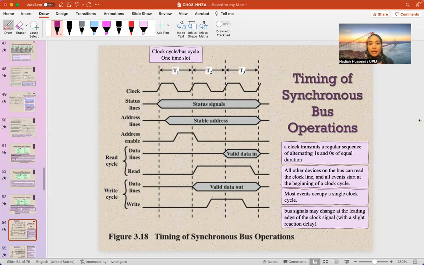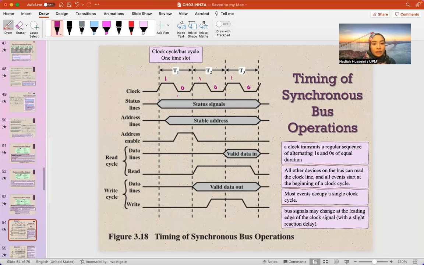Over here we have a clock cycle. A clock cycle is a sequence of binary digits of ones and zeros. So you have a 1 over here, a 0 over here, 1, 0, 1, 0. It is a sequence of ones and zeros. This is what your clock does.